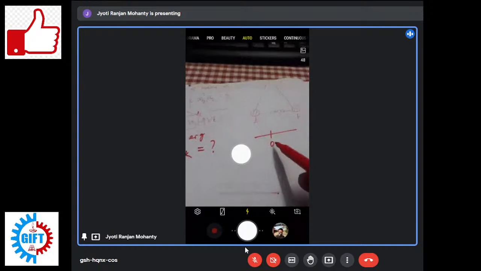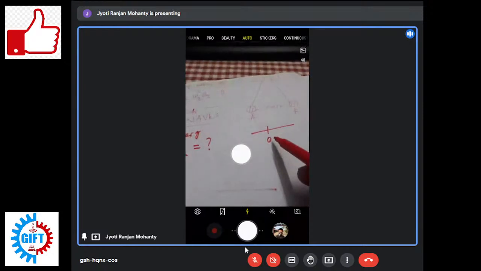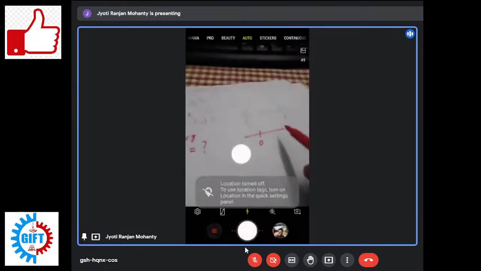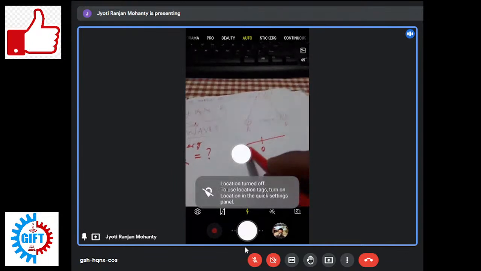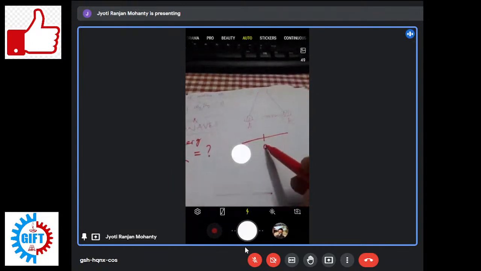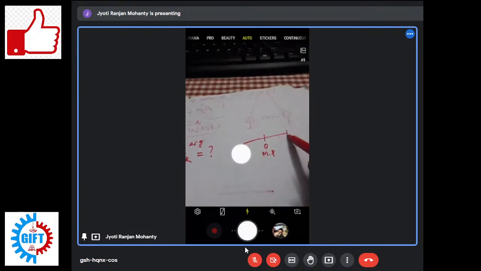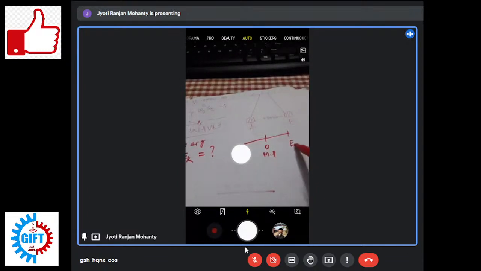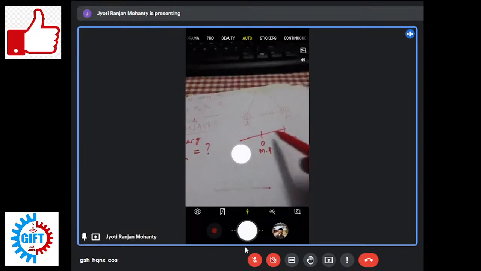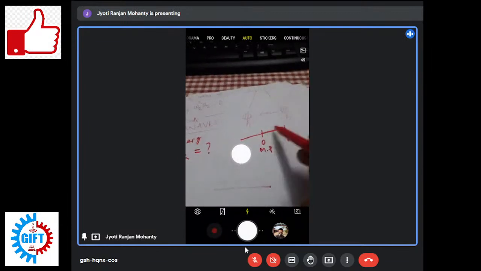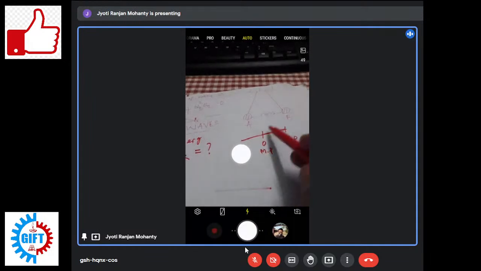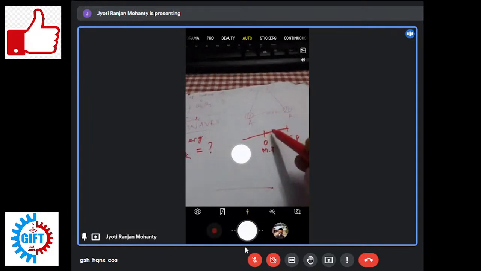This is the mean position, the rest position, the origin, where the body will take rest. So this O is known as MP, the mean position, and this is known as the extreme position. Extreme position means the position at which the body covers a maximum distance on either side of the mean position.